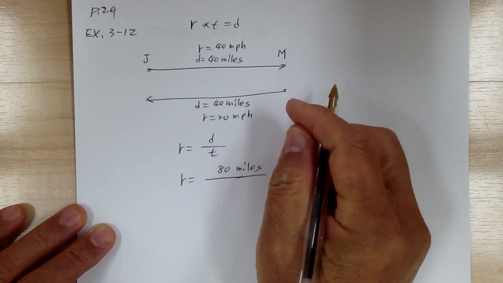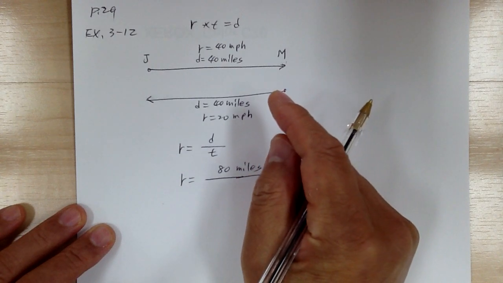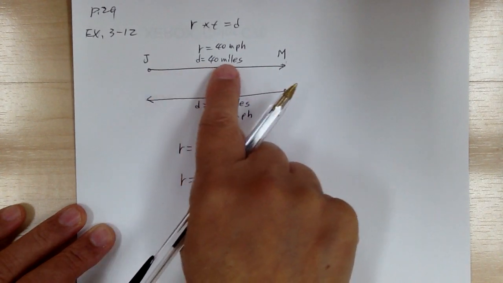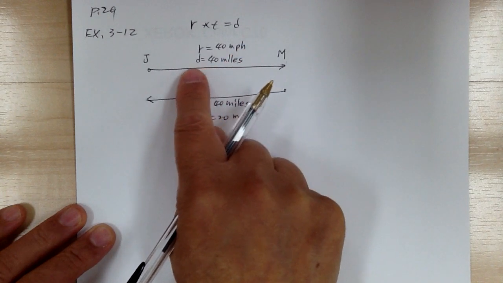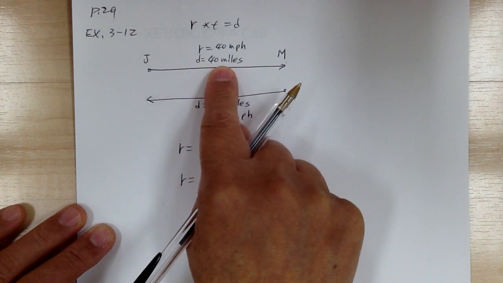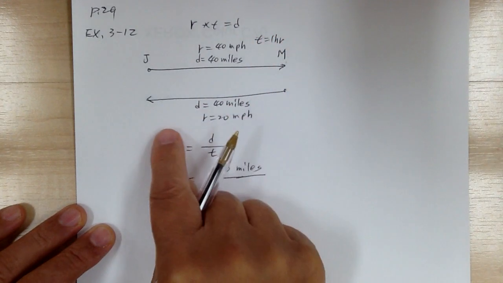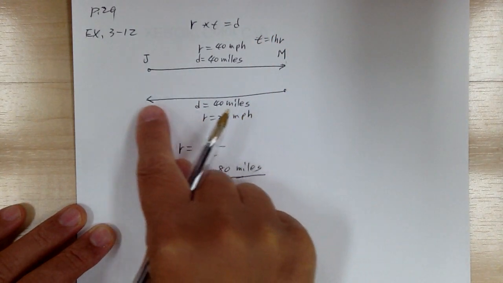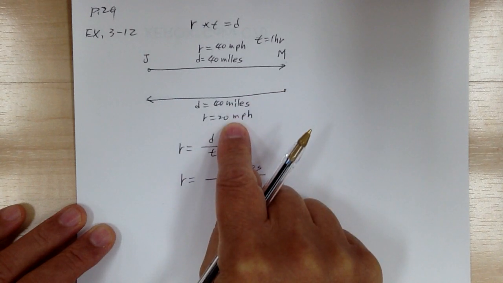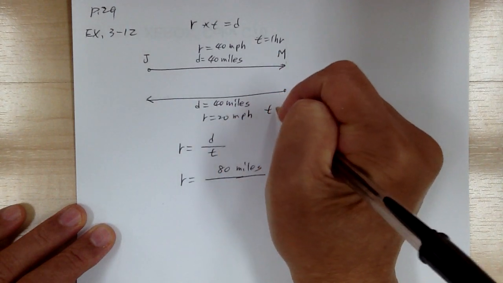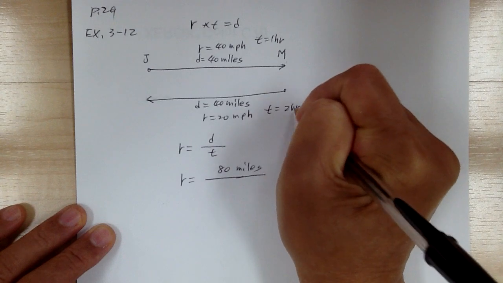And the time: it's 40 miles per hour and you drove for 40 miles, so this one, the time equals 1 hour. Over here, it's 40 miles, and he drove at 20 miles per hour, so this one, time equals 2 hours.